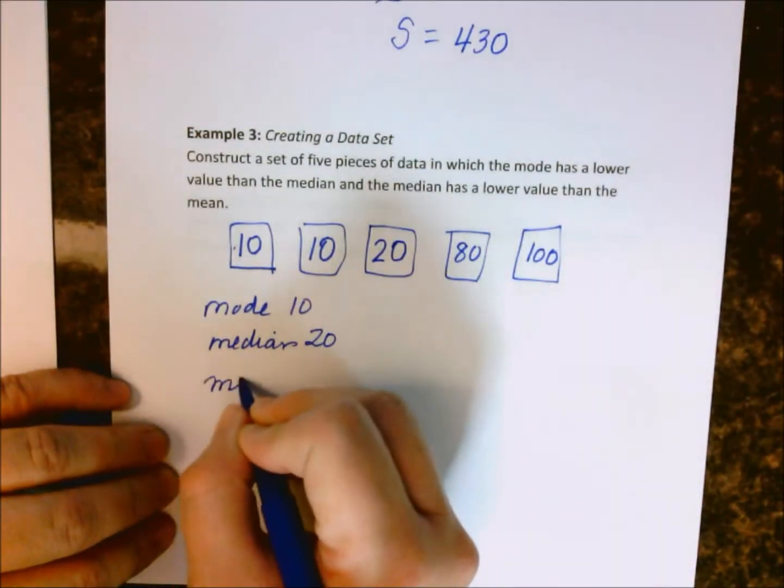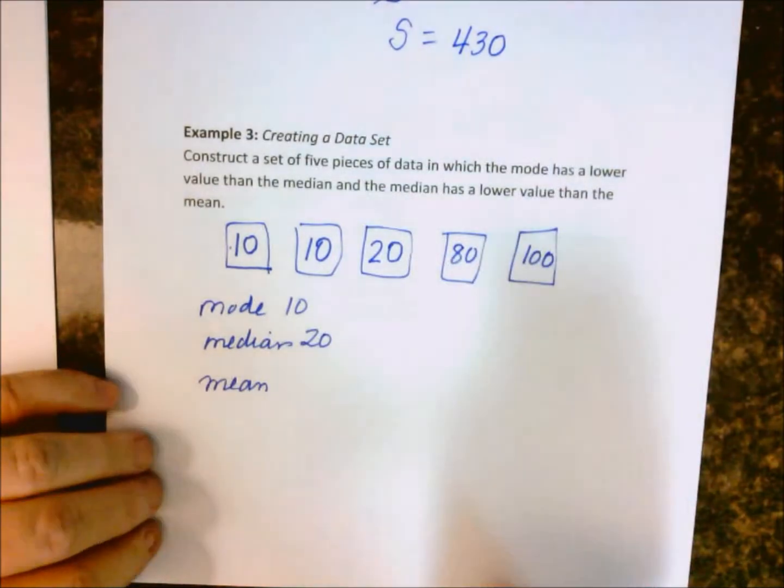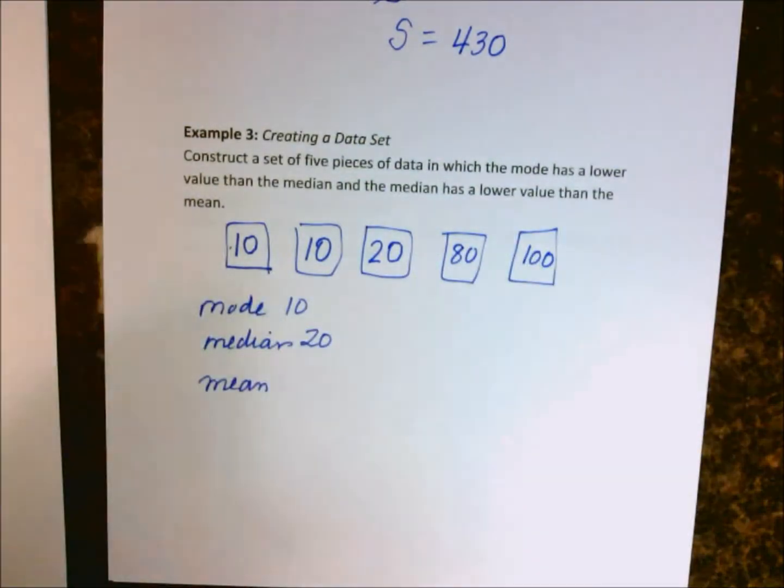So now I'm going to calculate the mean real quickly and make sure that my mean is in fact larger and I've satisfied all the conditions. 10 plus 10 plus 20 plus 80 plus 100. That added up to 130. No, that's not right. Let's try that again.